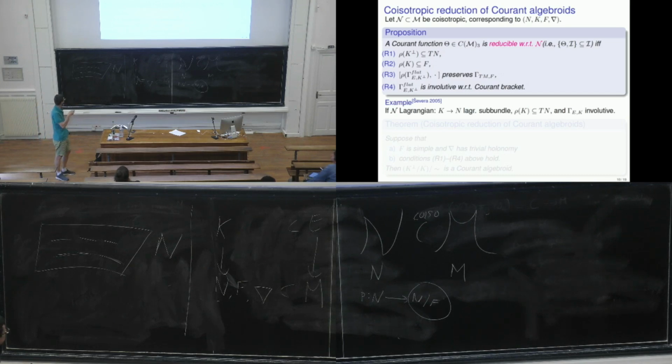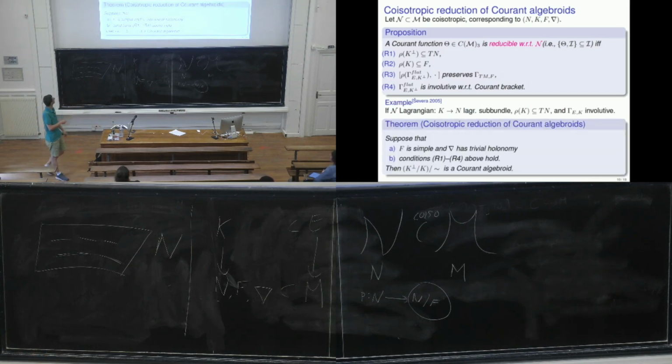And so putting everything together, if you have a Courant algebroid, pass to the corresponding symplectic graded manifold, take a coisotropic submanifold.